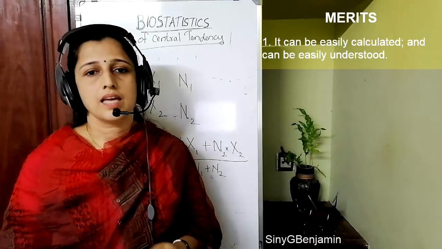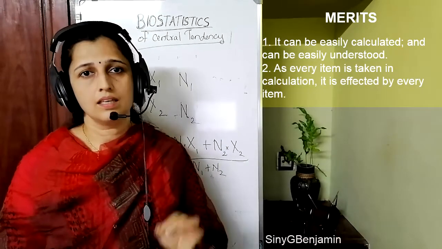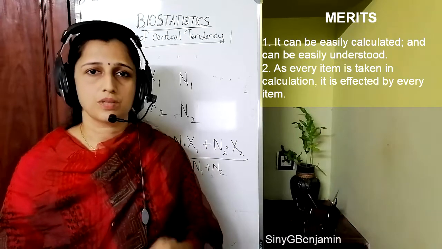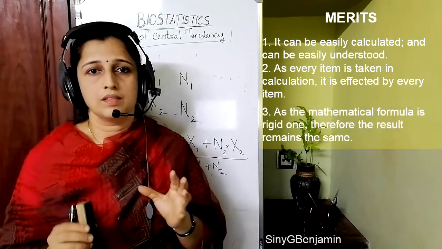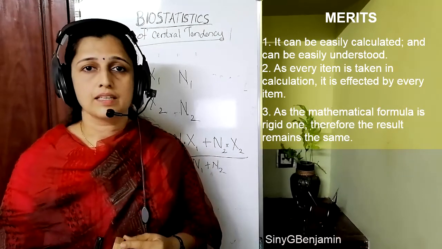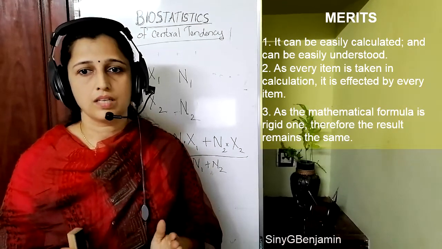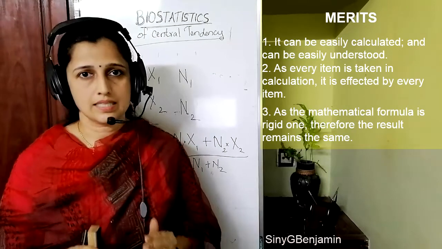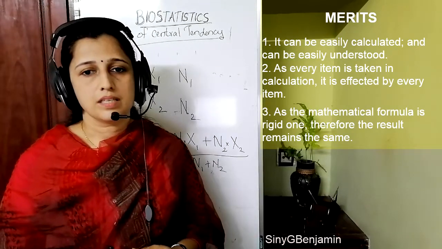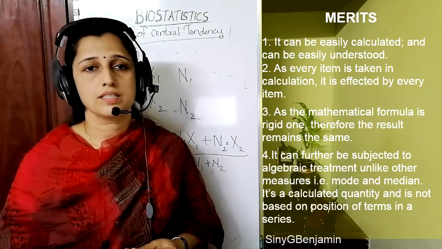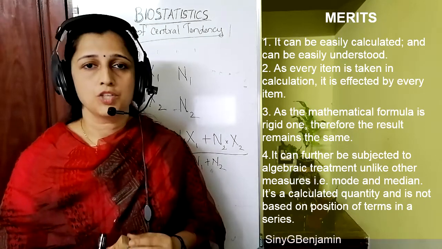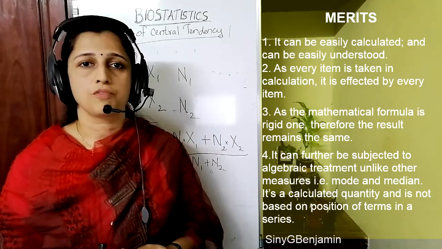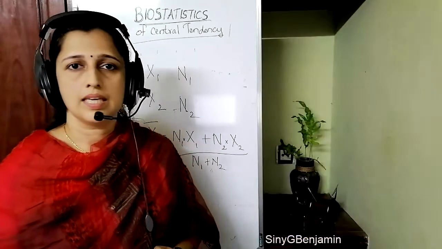Second, every item in the observation is taken into consideration for finding the arithmetic mean. Then the formula for finding arithmetic mean is a rigid one, so the result remains the same. Another merit is the calculated quantity is not based on the position of the value, but it is a total of all the observations which we get.